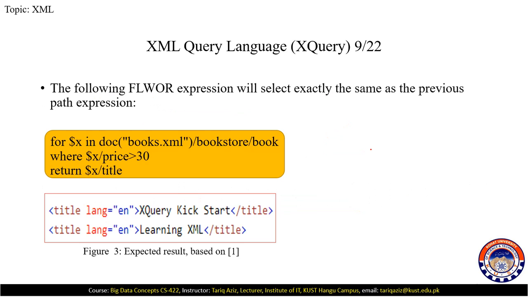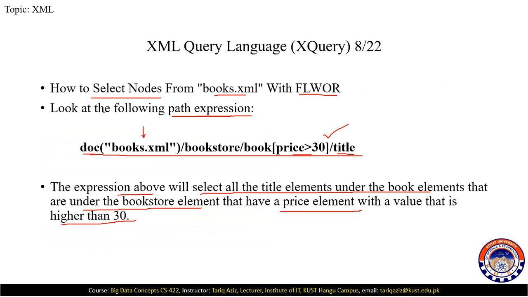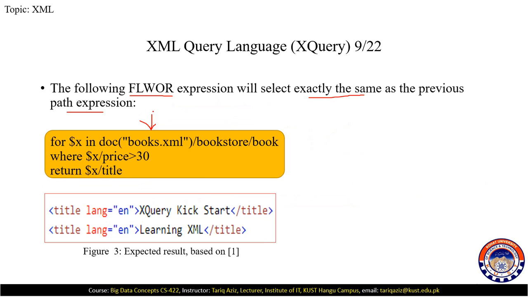Now we want to write this expression with the help of FLWOR. So this is the query by using FLWOR, and it will return exactly the same result as the previous path expression. It means whatever this path expression returns, this query will return the same result. But here we are using the FLWOR expression.